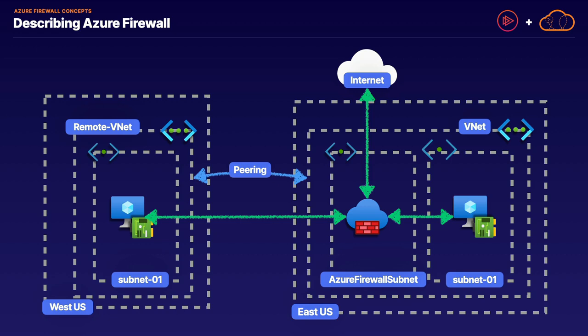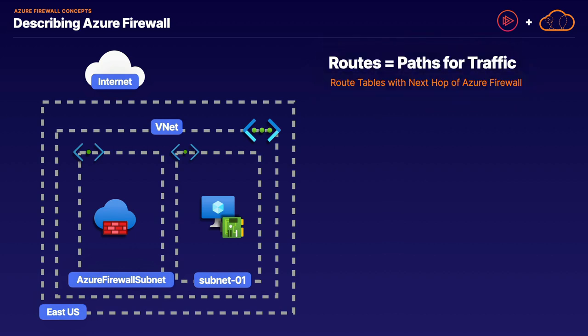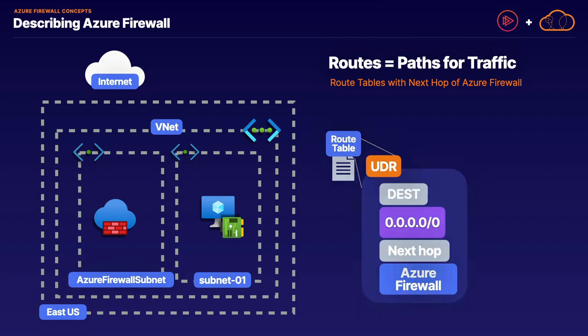Now, how we're able to route traffic towards the firewall is actually via routes. These routes are our pathways for traffic, and we can establish a route table resource that has a route with the next hop of our Azure Firewall. This might look like a user-defined route that says that all traffic destined for 0.0.0.0/0 will have the next hop of our Azure Firewall.